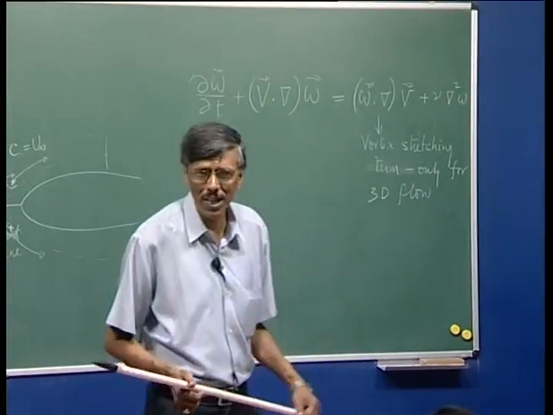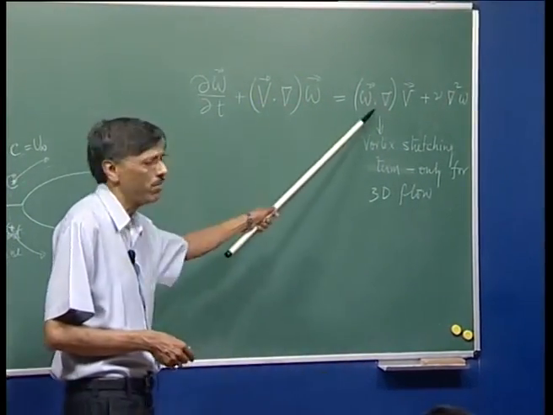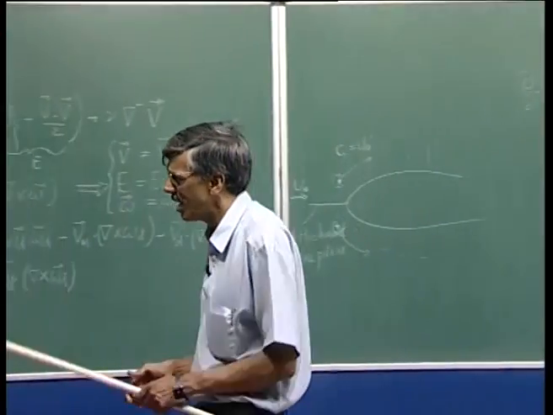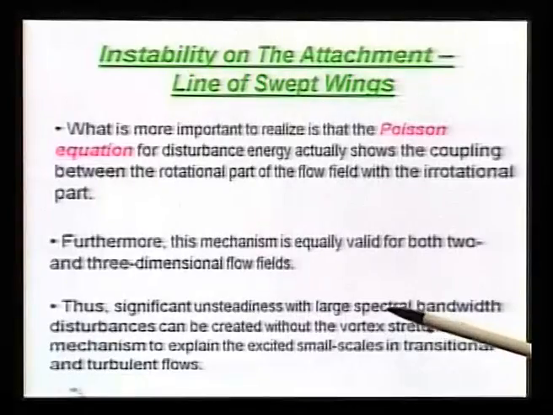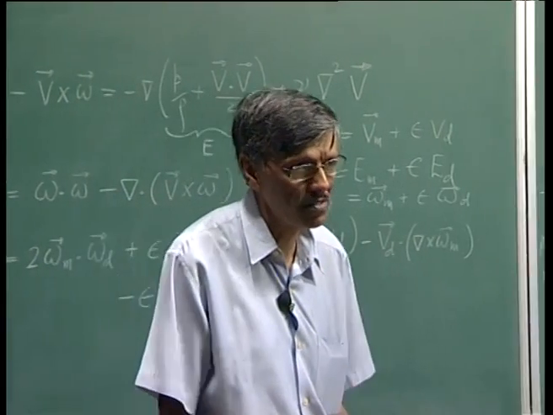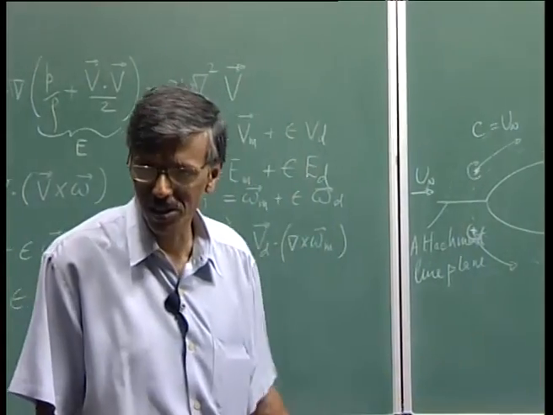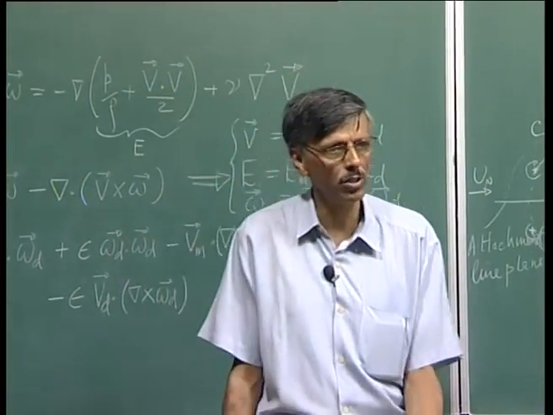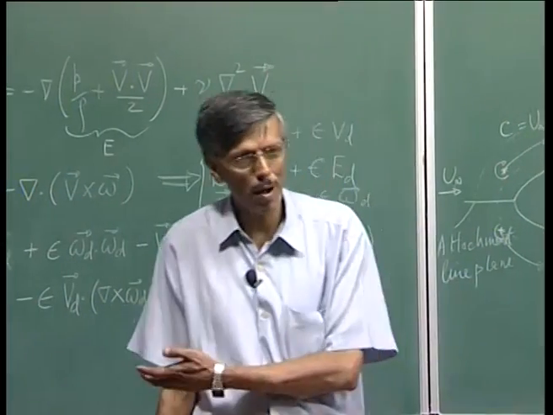However, if we are looking at a 2-dimensional flow field, we do not have this term at all. So this over-reliance on vortex stretching as the reason behind large spectral bandwidth is probably overemphasized, because we have shown in this part of the course that in 2D flow we get it through the bypass mechanism.